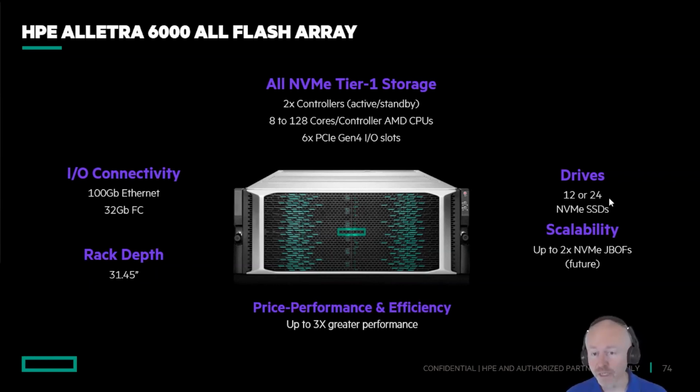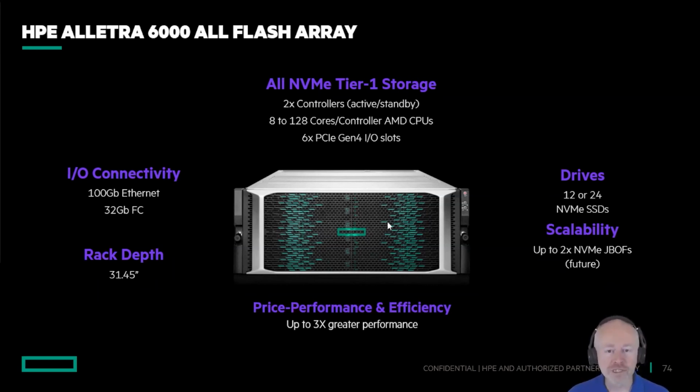You can install 12 or 24 NVMe SSDs in there. Today you can add one, but in the future, depending on testing and certification and on the model, you will be able to add up to 2 of those JBOFs. It's not a JBOD anymore because it's not a disk, it's just a bunch of flash, of course.